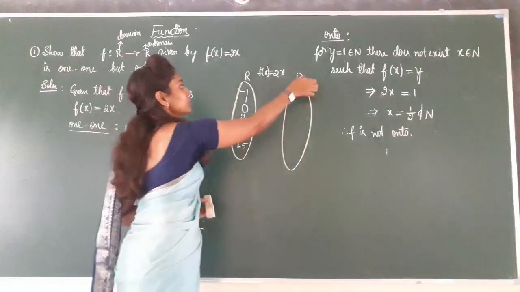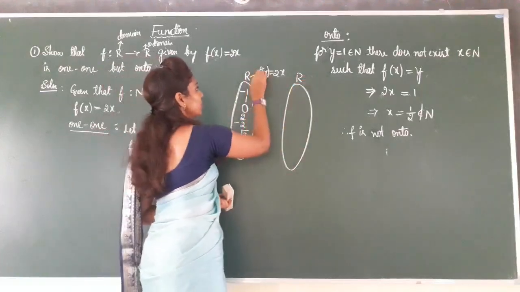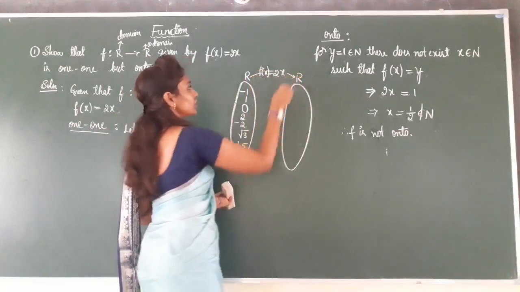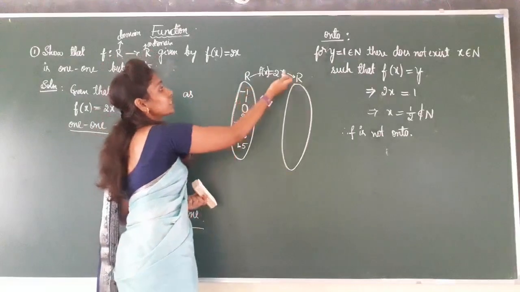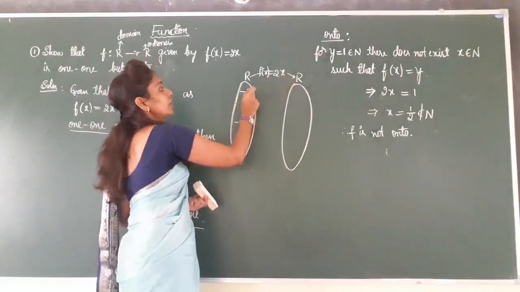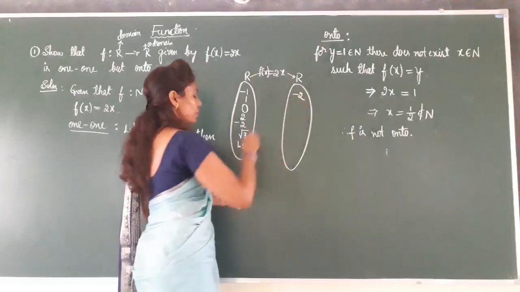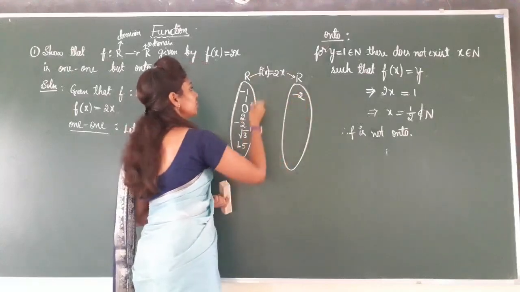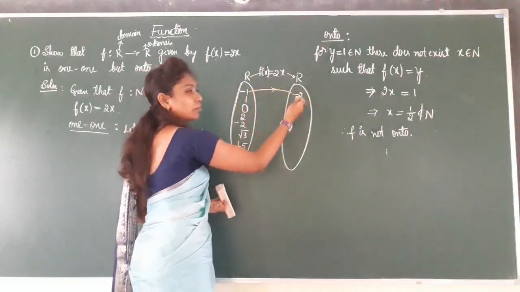This is also a set of real numbers, and f is a function from real numbers to real numbers. Observe here. If you substitute minus 1 here, what do we get? Minus 1 into 2 is minus 2. So minus 1 is mapped into the element minus 2.